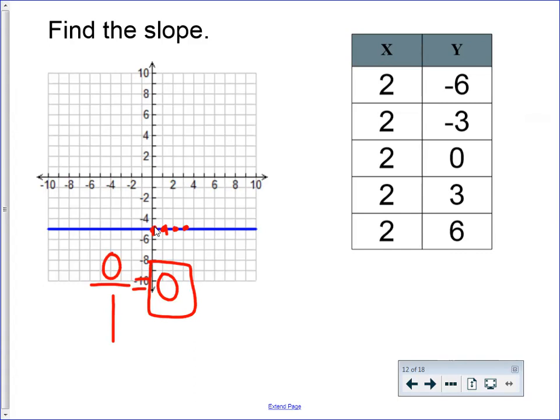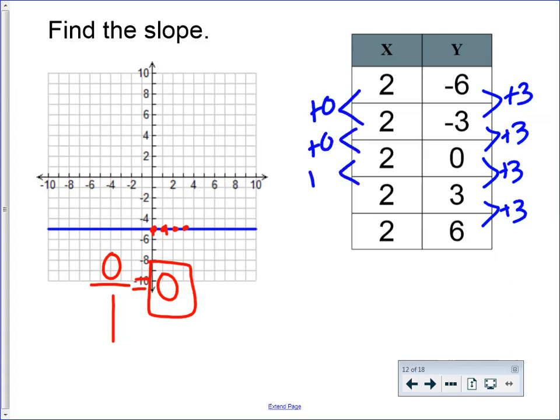So on this next one, I see that I am adding 3, and so on, always adding 3. But on my x's, I am adding 0. So my rise in this case would be positive 3, and my run would be 0.